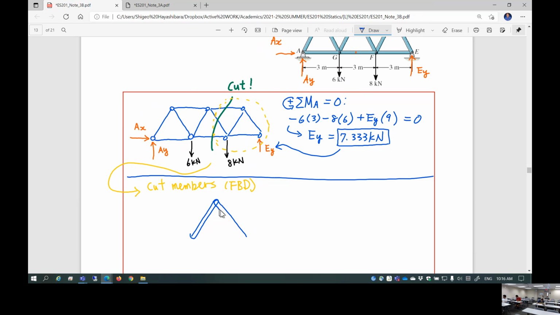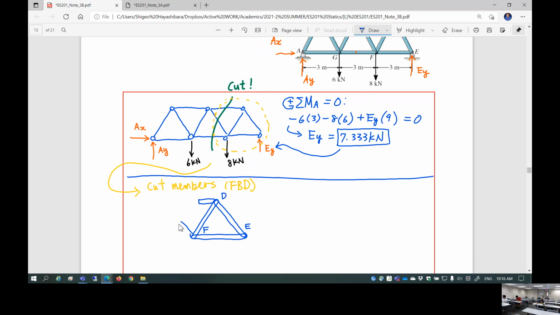Okay. So this is the joint D. This is joint E. This is joint F, and this is the member CD, but I just cut.